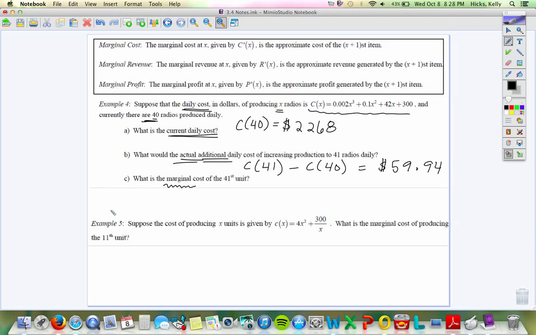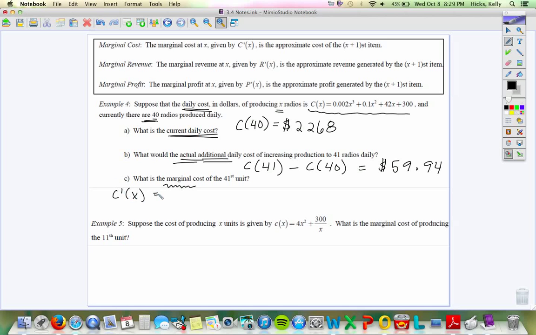Okay, so how do we do that? Anytime you see marginal with these problems, you need to think derivative, because that gives us the estimated change from the original amount, which in this case is 40, to the new estimated amount, which in this case is 41. So we need to take the derivative.